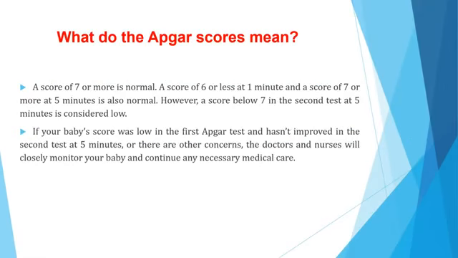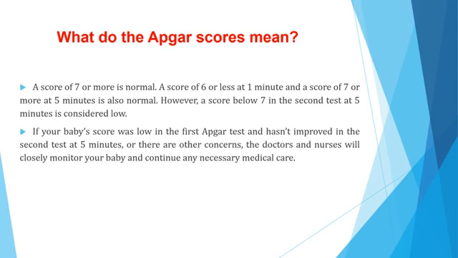What does the Apgar score mean? A score of 7 or more is normal. A score of 6 or less at 1 minute is also normal. However, a score below 7 in the second test at 5 minutes is considered low.